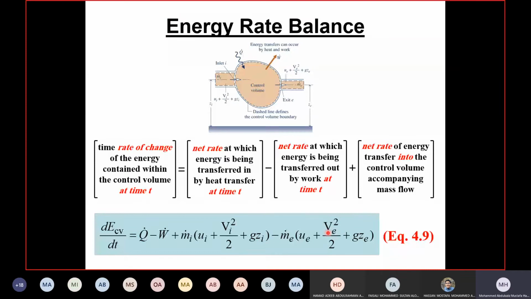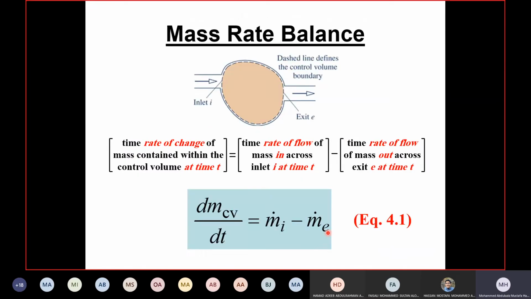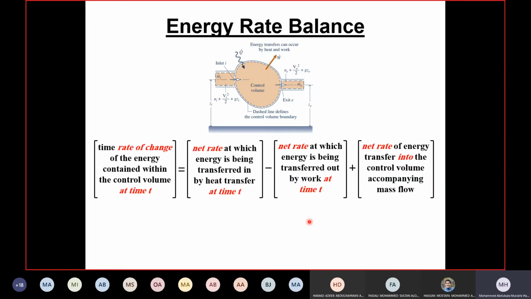So we had two very important equations from thermodynamics 1. One is the conservation of mass, and of course if this is a steady state, this term will be 0, so m_i will be equal to m_e. If this is a control volume, those two terms will be 0. Same here for the energy.